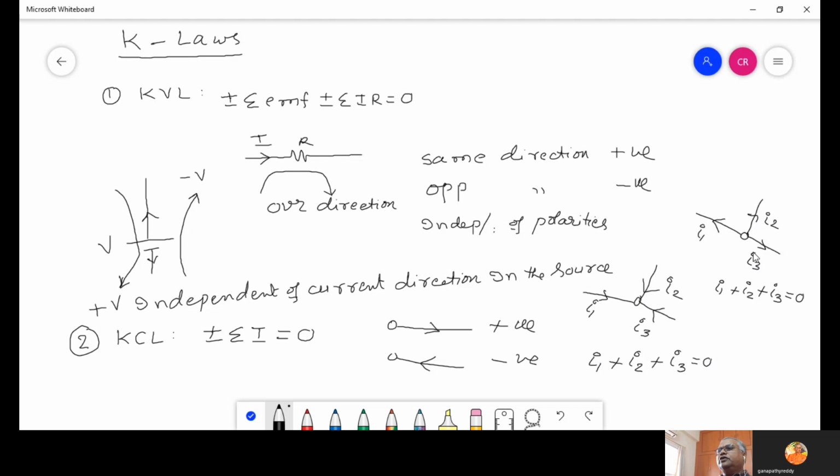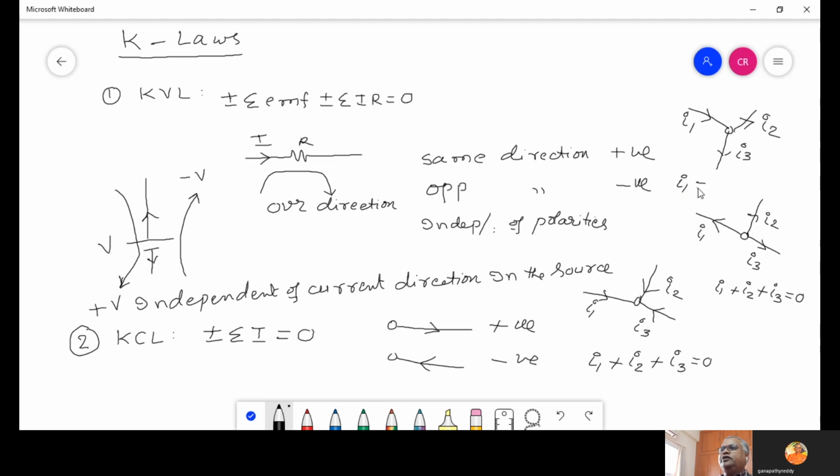So you have a freedom, you can choose like this or like this. You can also choose like this: this current is entering, I1. This current is leaving, I2. This is also leaving, I3. So the sum of the currents entering equals the sum of the currents leaving.